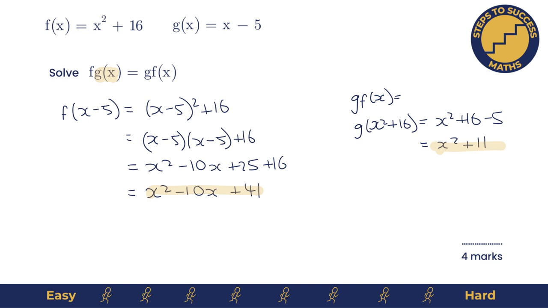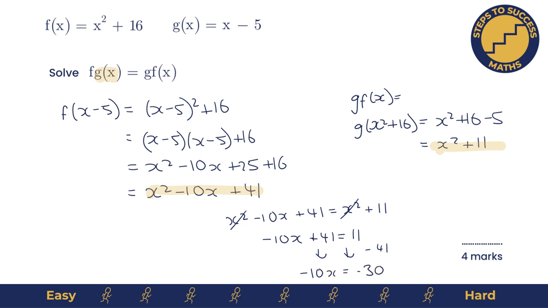Well, we've got an x squared and then an x squared, and if we take one of them away, they'll disappear. So we're left with negative 10x plus 41 is equal to 9. Now if we subtract 41 from both sides, negative 10x is equal to negative 32, and then we can divide it by negative 10. x is equal to 3.2.